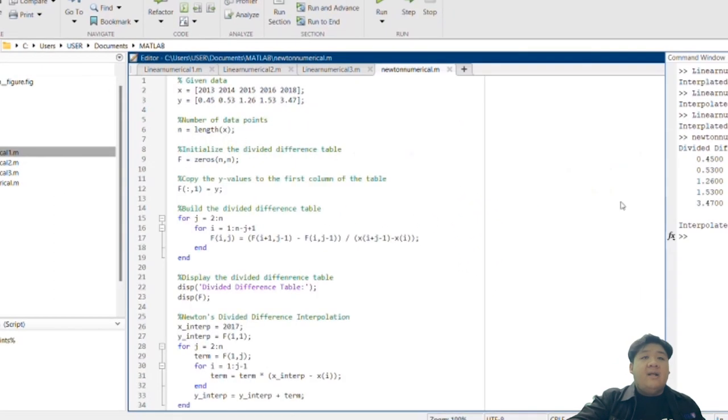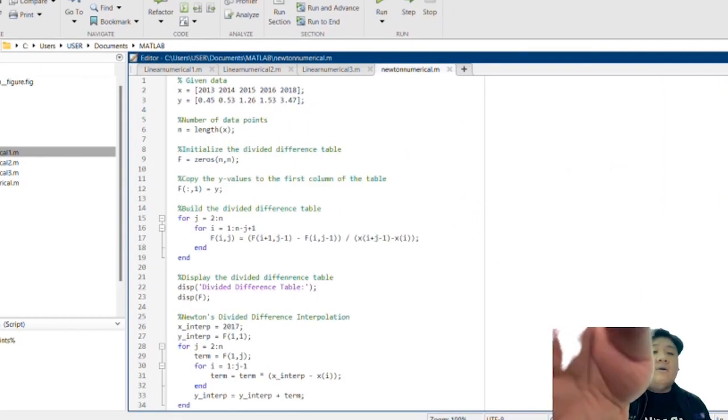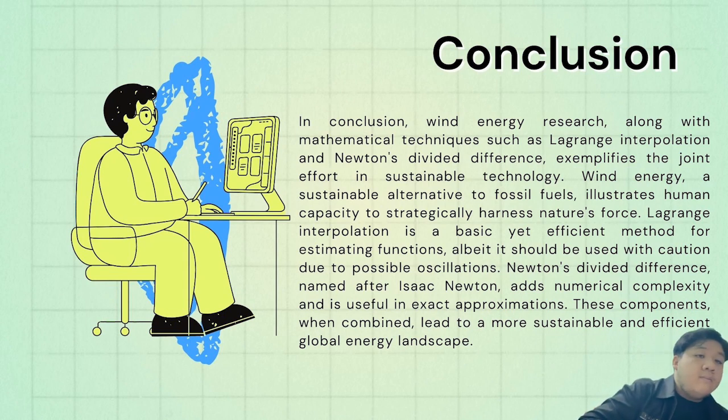And then last, for the conclusion: wind energy research, along with mathematical techniques such as Lagrange interpolation and Newton divided difference, exemplifies the joint effort in sustainable technology. Wind energy, a sustainable alternative to fossil fuel, illustrates human capacity to strategically harness nature's force.